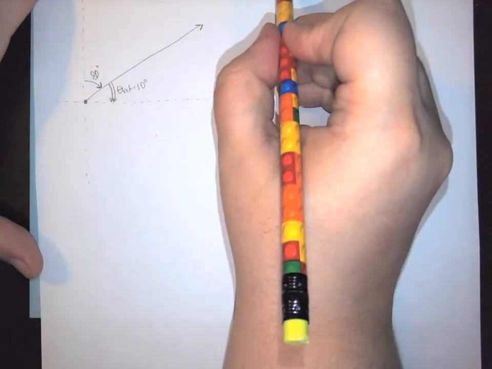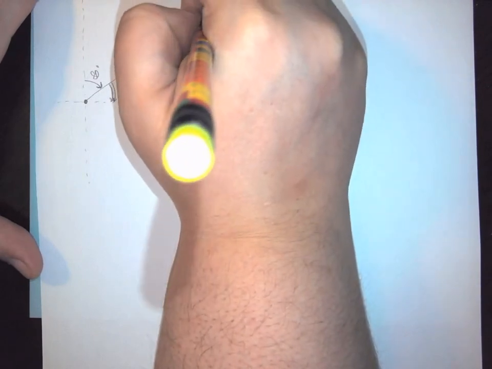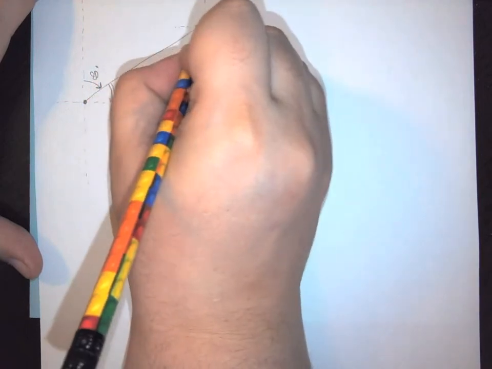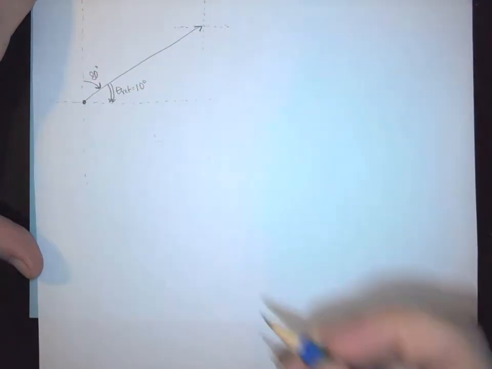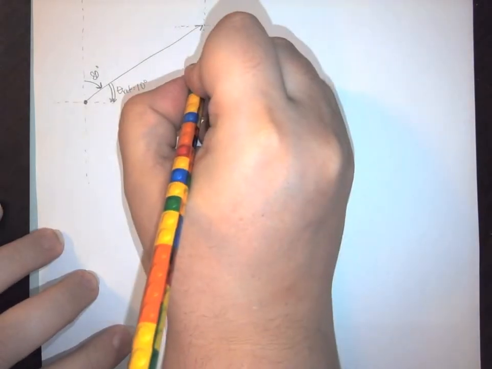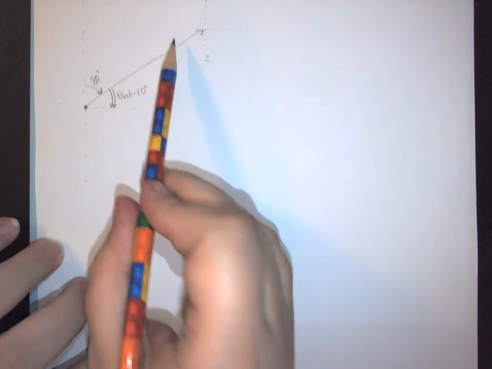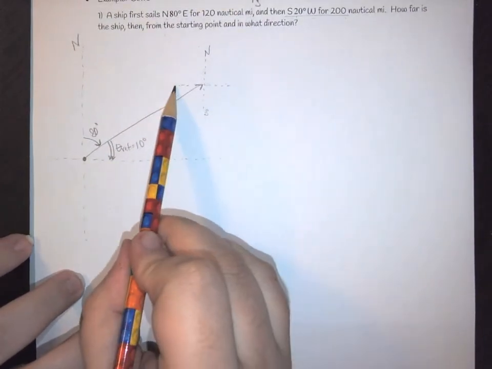It then says we're going to go south 20 degrees west. So this is where you would want to put in another example of a compass, because we're going to rotate around one more time. So here we go. Put in your north. And here is my south. So I'm going to go south 20 degrees west. So here is south, here is west.